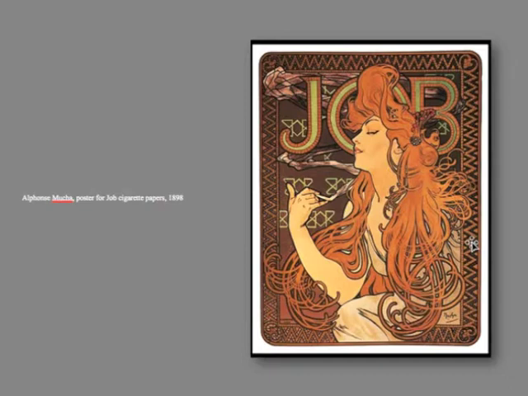Mucha's women were idealized archetypes, and they had no expression. They had no specific age or nationality, historic period, or even emotion. And they were calm, serene, and the thing that activated them was their hair patterns, which flowed freely throughout the design space.